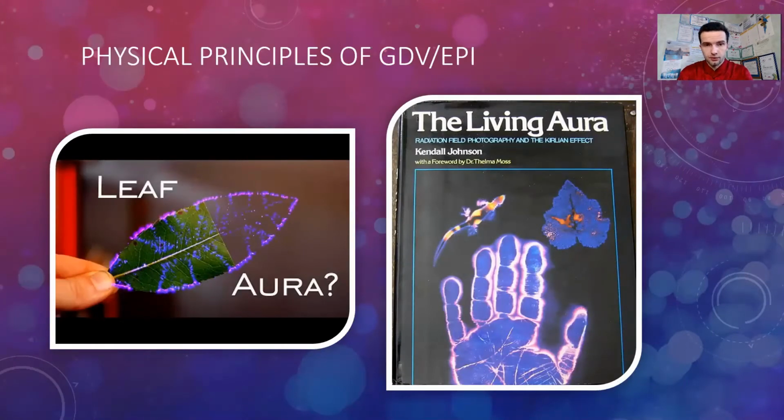Well, if you consider the history that we have just discussed, you will understand that there were a lot of confusions around these topics. And people were not really understanding what they were actually photographing and what Kirlian photography is about.